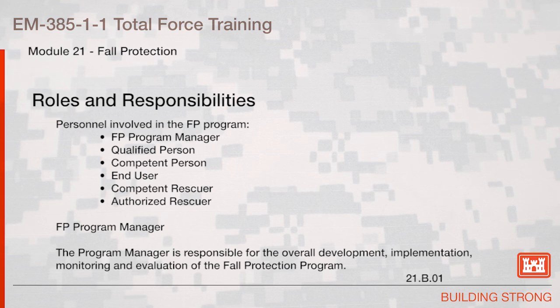Roles and responsibilities. The personnel involved in the fall protection program include the fall protection program manager, qualified person for fall protection, competent person for fall protection, the end user, a competent rescuer, and an authorized rescuer. The fall protection program manager is responsible for the overall development, implementation, monitoring, and evaluation of the fall protection program.